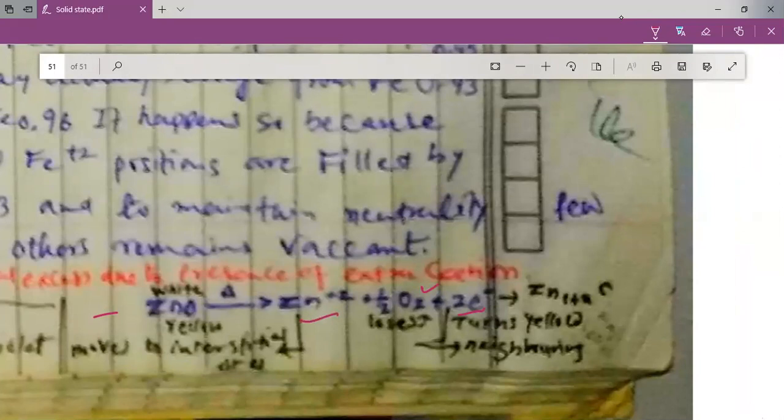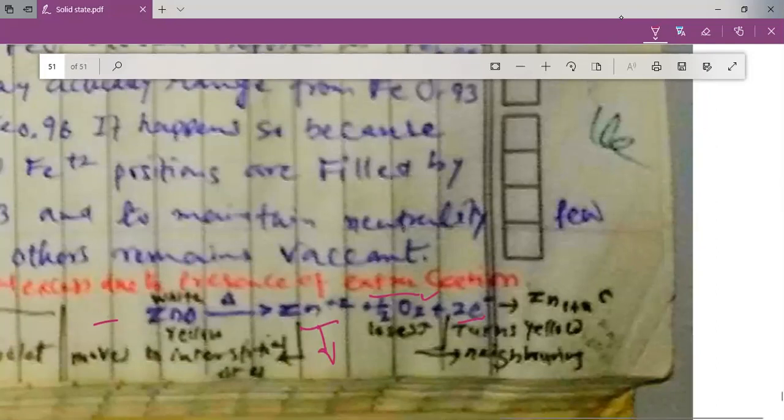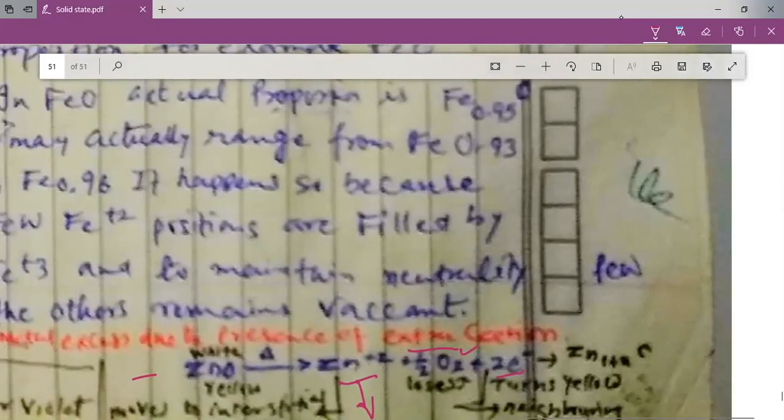So that is why it is known as the metal excess due to the extra cation. So here we have the extra cation Zn2+ because O2- has diffused and gone out as oxygen gas. This defect creates color in the zinc oxide, ZnO crystal, and yellow color can be seen in the zinc oxide.